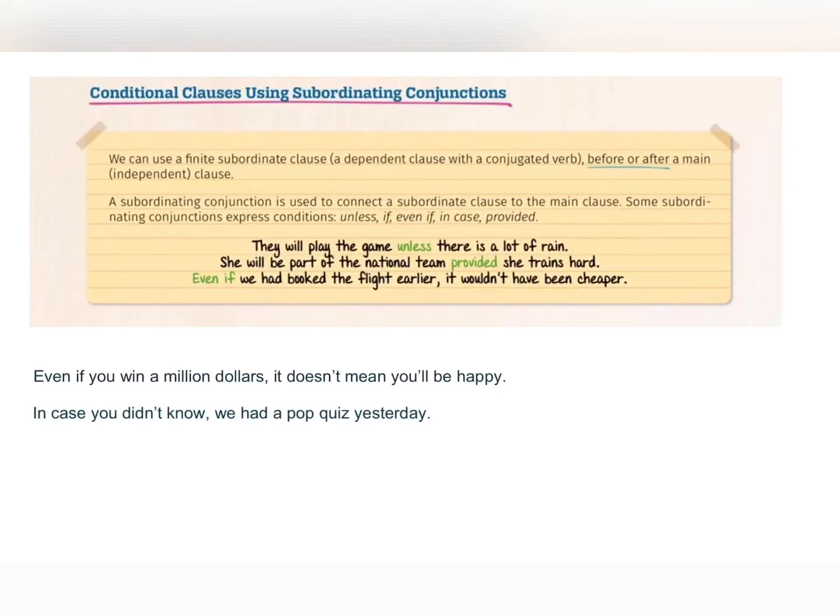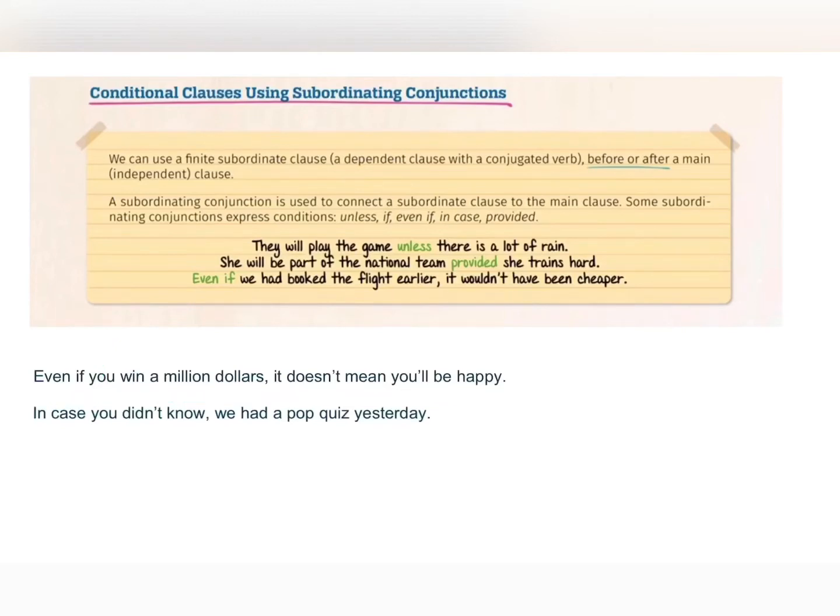I wrote two more examples down here just for extra practice. Even if you win $1 million, it doesn't mean you'll be happy. So again, we're starting with our dependent clause, the one that cannot be a sentence on its own. And then it doesn't mean you'll be happy. It's your independent clause. And you have your subordinating conjunction at the beginning, even if.